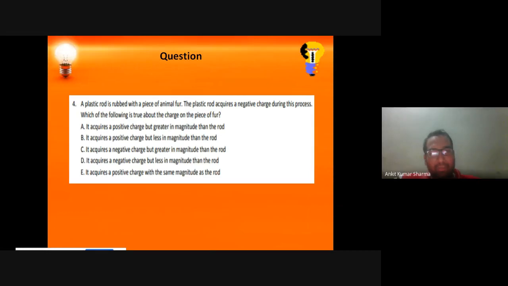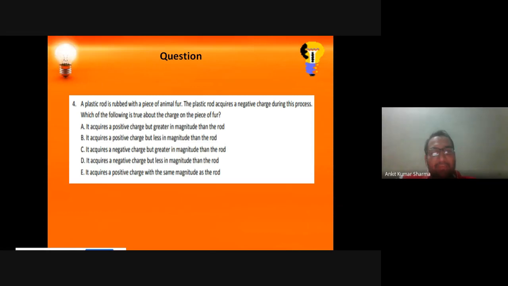The fourth question is related to the formation of charges. A plastic rod is rubbed with a piece of animal fur. The plastic rod acquires a negative charge during this process.